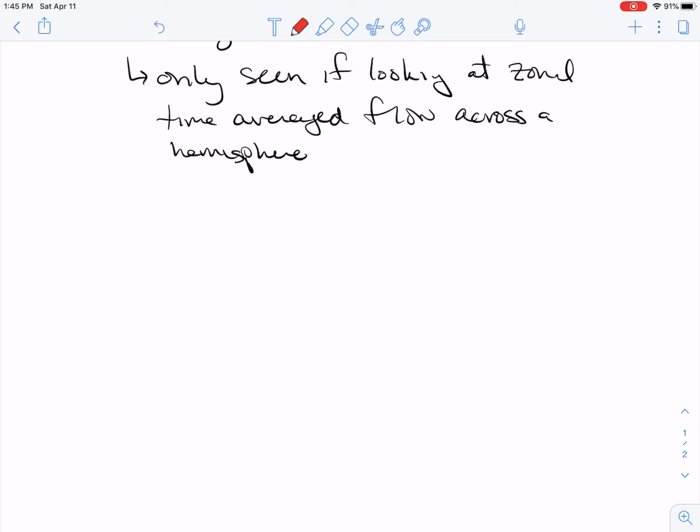And so it happens that our subtropical jet is the result of planetary scale processes.